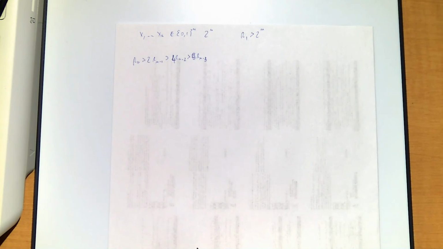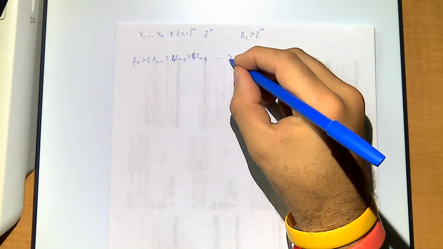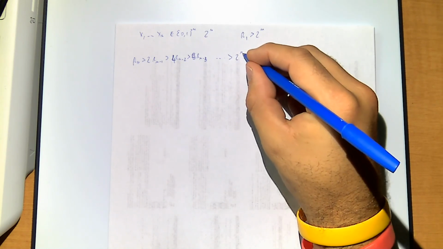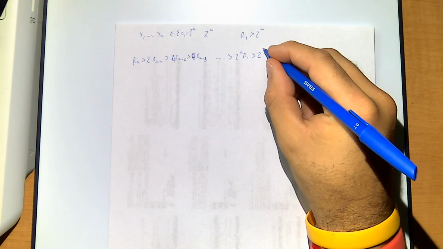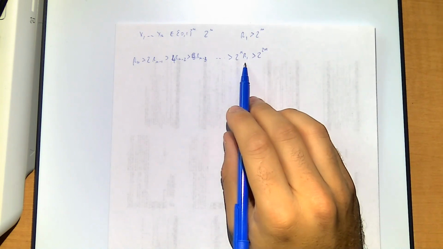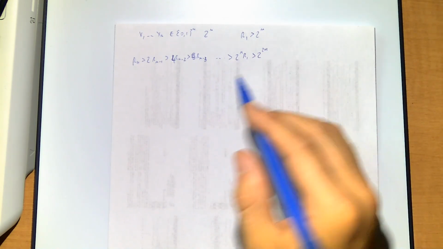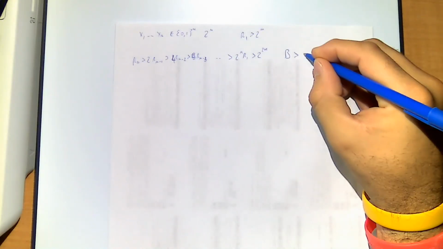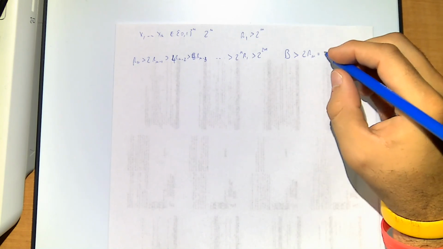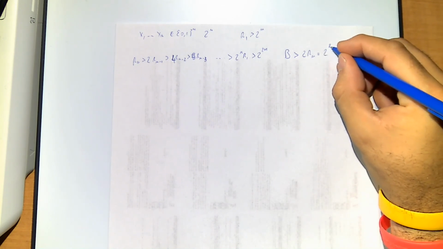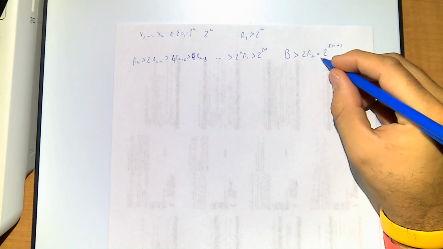Because every time I'm multiplying by 2, and then this is bigger, obviously, than 2 to the n R1, which is bigger than 2 to the 2n, because R1 is also bigger than 2 to the n. So then B, which is bigger than 2Rn, should be exactly 2 to the 2n plus 1, or at least in this problem here.